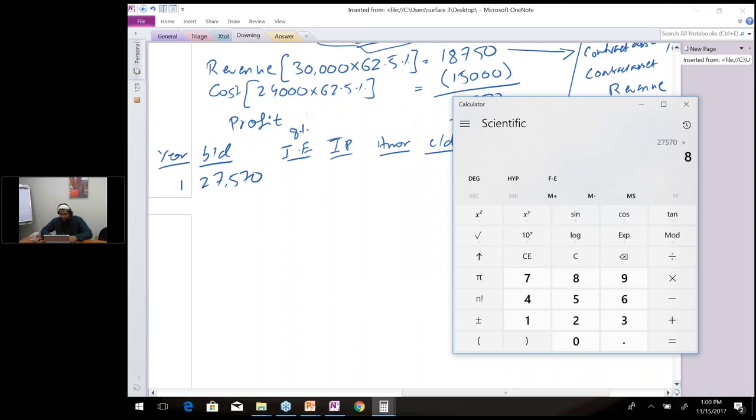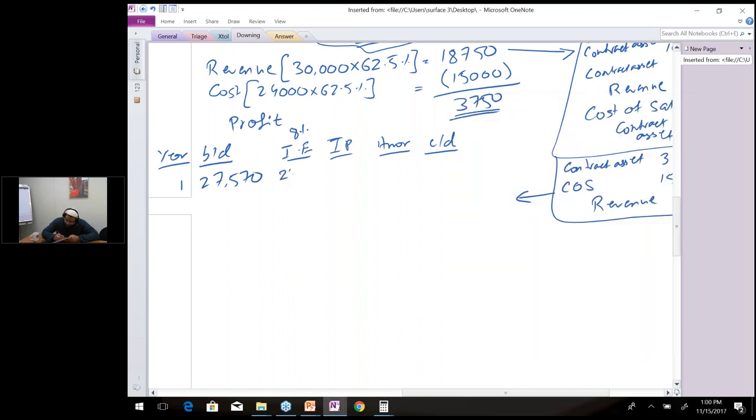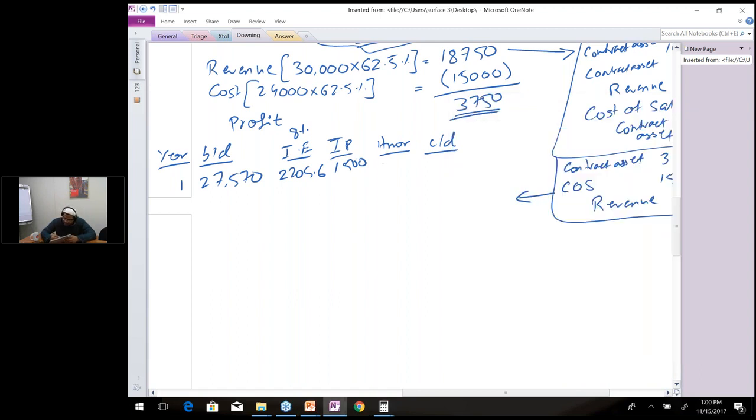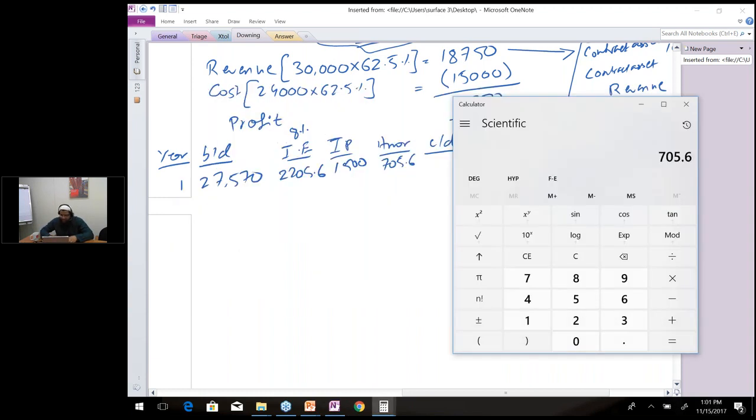So 27,570 into 8% is going to be 2,205.6. And the interest paid is actually 1,500. So the difference is going to be 705.6. And then the carried down is going to be 27,570 plus that, which is 28,275.